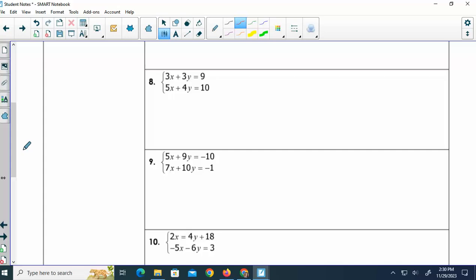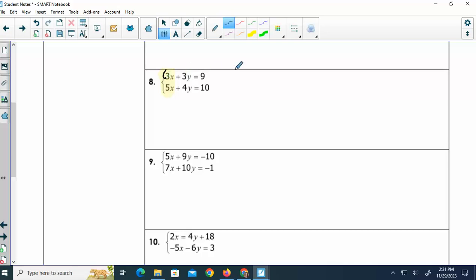Is it an easy fix? No. So this time, we are probably going to have to multiply both equations by something. It doesn't matter which variable we cancel. So pick one. Which one do you want to get rid of? X. Okay. So if I'm getting rid of x, I have to turn them into the same number, but opposites.